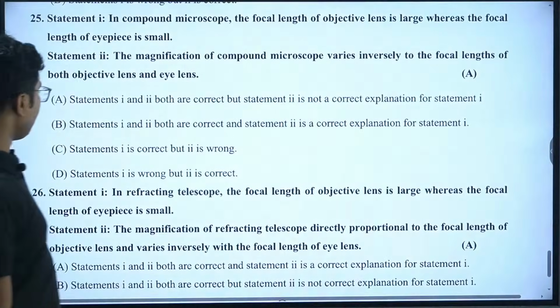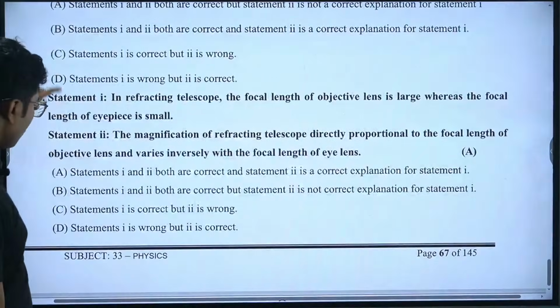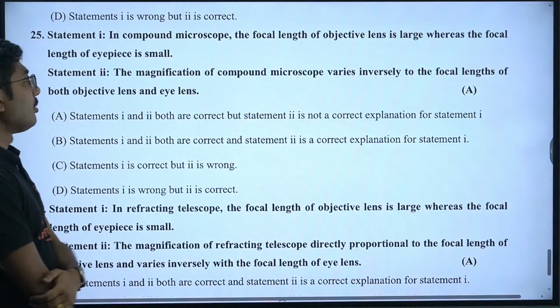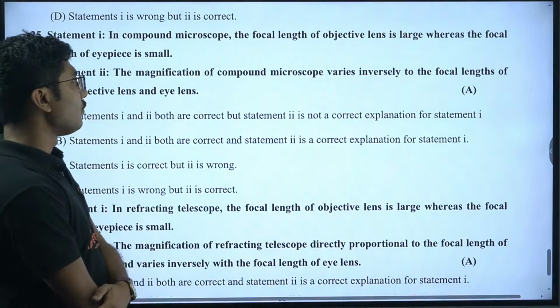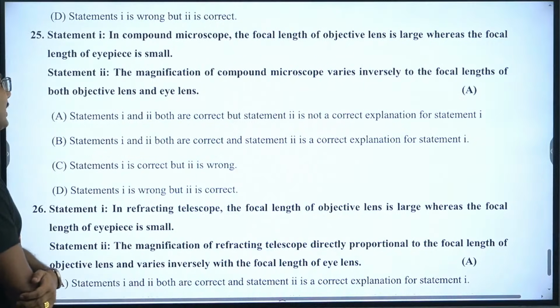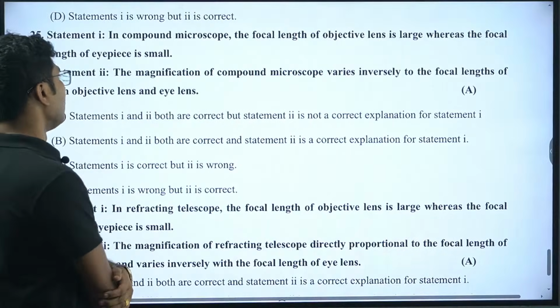Now question number 25. We have 2 more questions, both statement based. Statement 1: in a compound microscope, the focal length of the objective lens is large, whereas the focal length of the eyepiece is small.